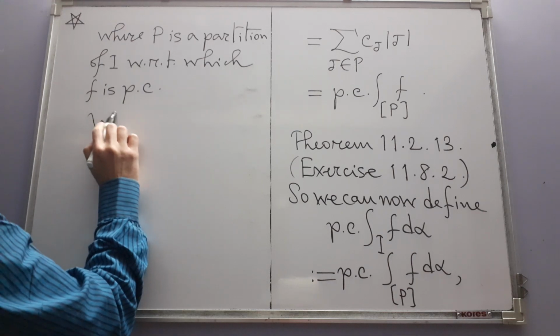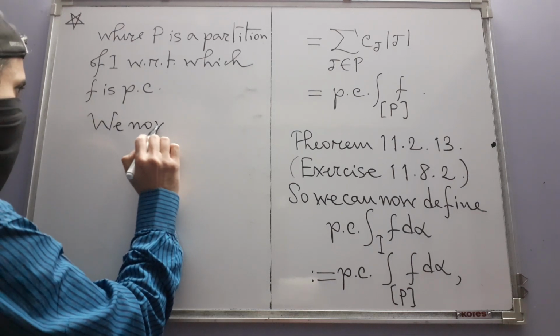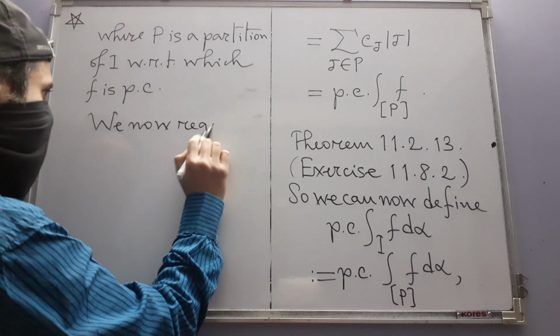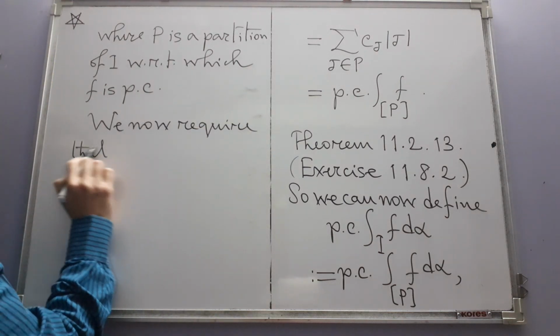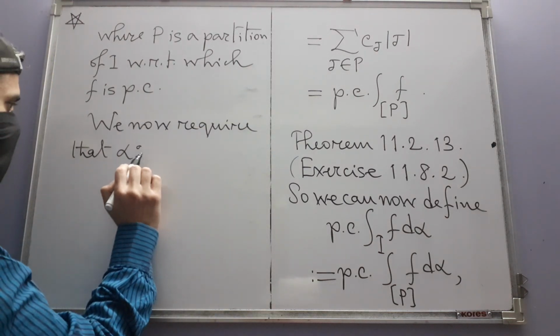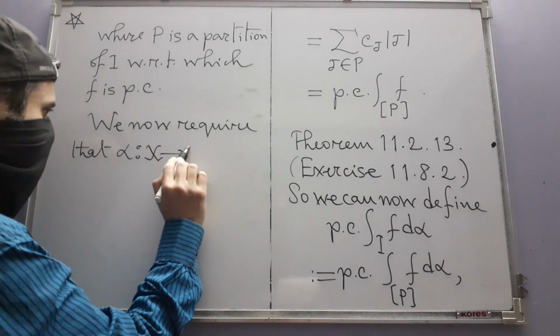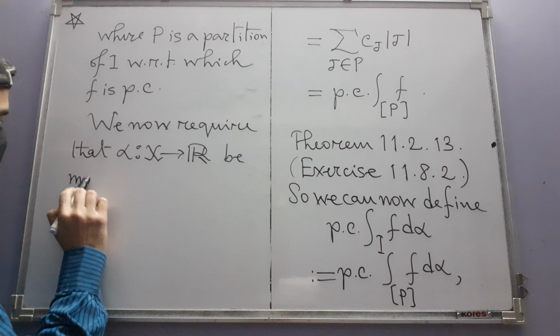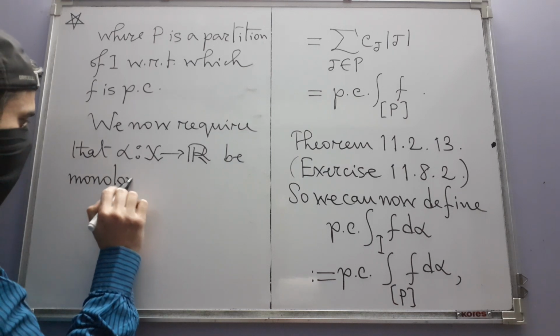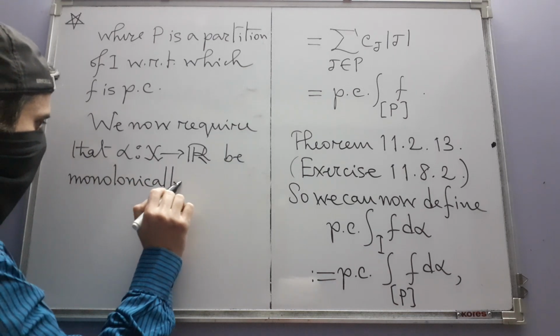We now require that the alphas we are going to consider be monotonically increasing.